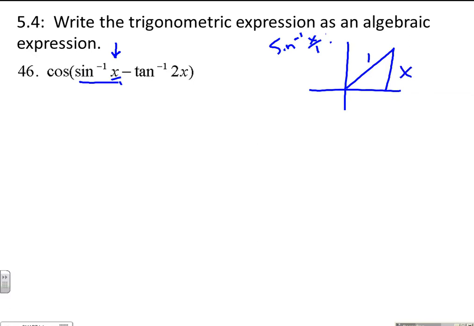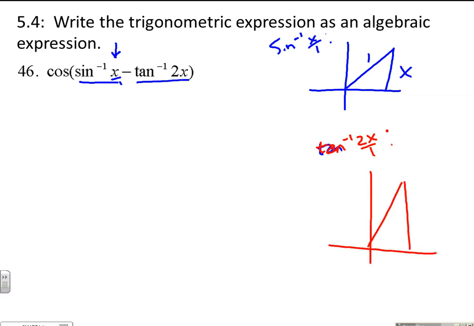Let's go ahead and draw a tangent inverse, or let's find the angle for tangent inverse. Whoops, I wanted to make that red. Try that again. Tangent inverse 2x. Well, this is opposite on adjacent. Opposite on adjacent, 2x to 1.